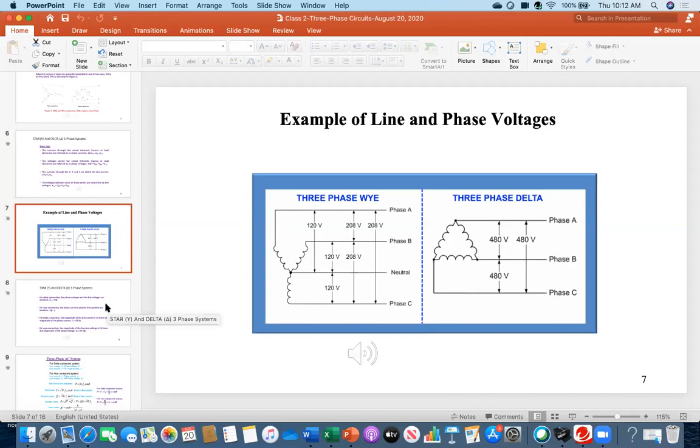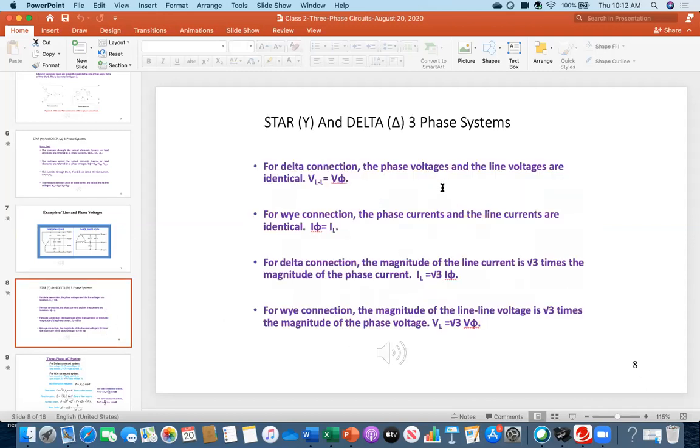Okay, then moving forward. Here you see that I am concluding those things that I was explaining in the previous slide. For delta connection, the phase voltage and line voltage are identical or the same. Just keep in mind here, phase voltage is the voltage across the phase coil, but line voltage means line to line voltage.